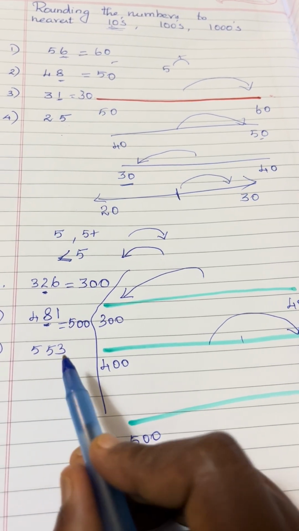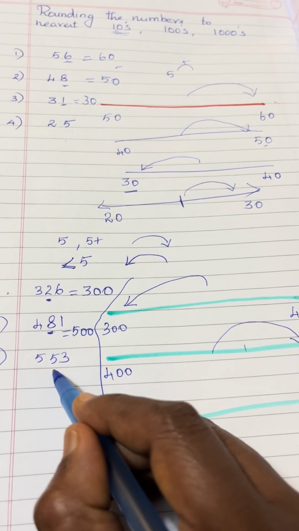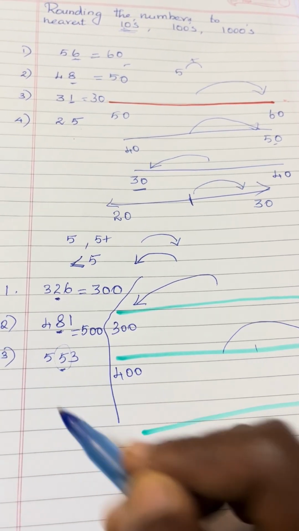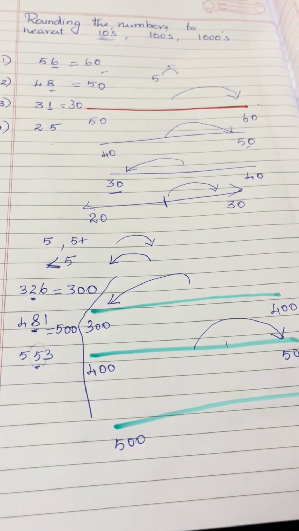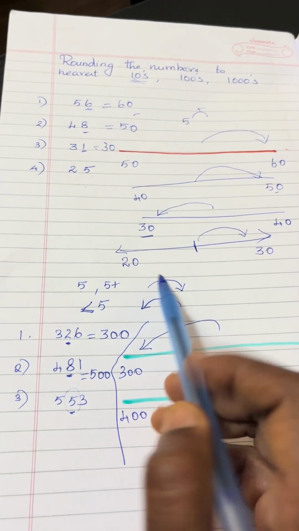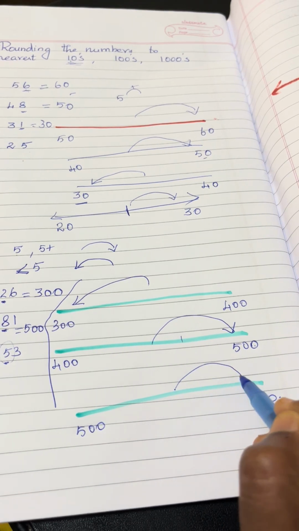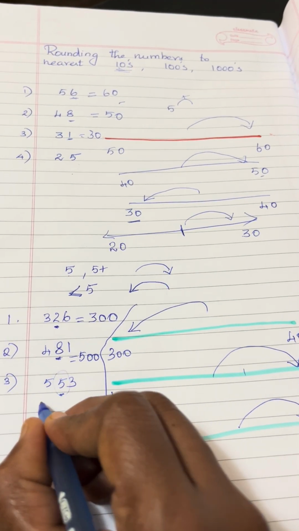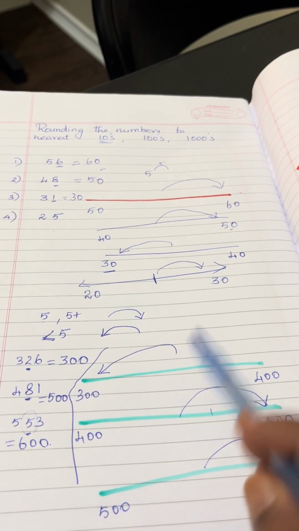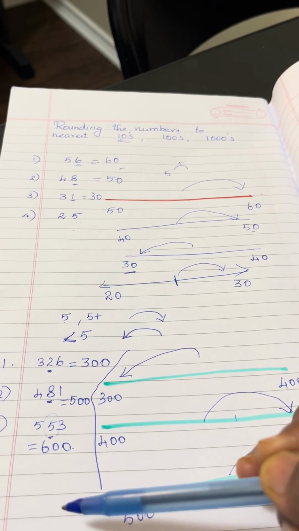We are going to look for the tens place number. What is that number? That number is 5. What is the rule? If it is 5 or more than 5, go to the right hand side. See, the answer for this problem is 600. I hope you understood rounding with the tens and rounding with the hundreds.